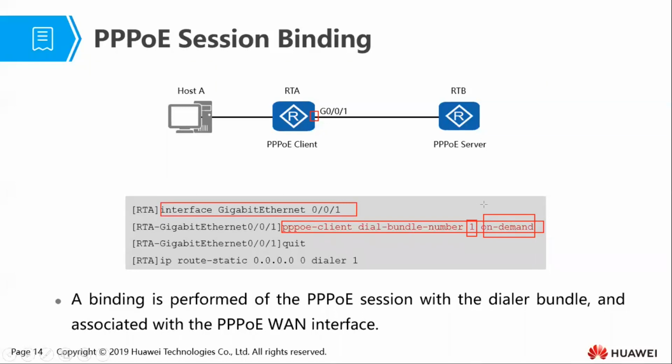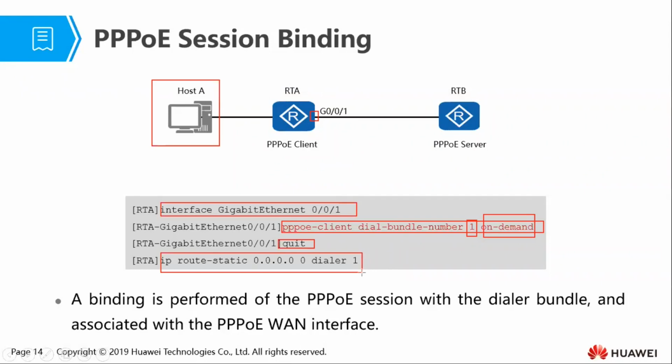The connection to the PPPoE server should be on demand, only when a client needs to connect to a remote site or the internet. So it should not be up all the time. Then after that, we quit. In order for a PPPoE session to work, you need to configure either a static or a dynamic route.